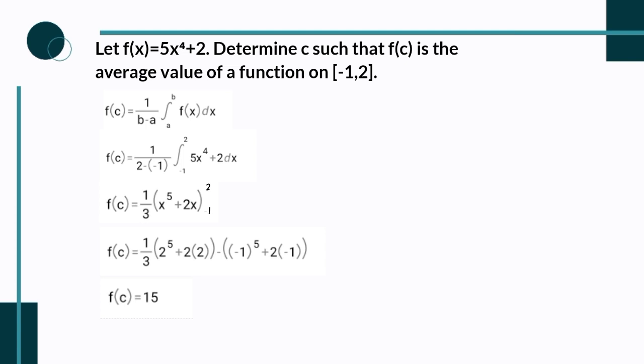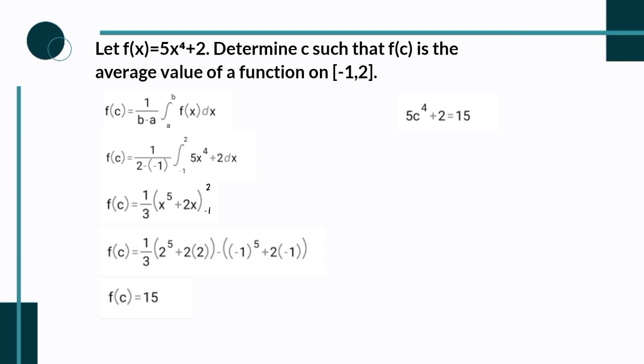But going back to the question, we are looking for the c which lies inside the interval between a and b. So we will use our function, 5x to the 4th plus 2, but we substitute c for x because we are looking for the value of c. So it becomes 5c to the 4th plus 2 equals 15. The 15 comes from our answer earlier.